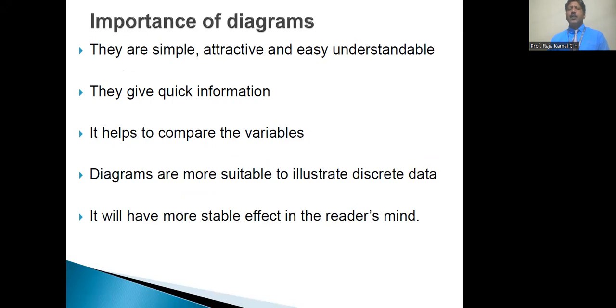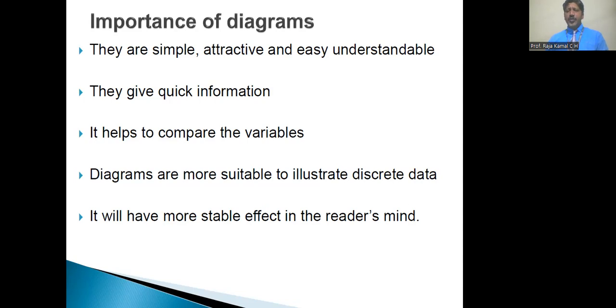After collecting the data and classifying the data, we go for presentation of data. We can present the data in the form of tables also, and in the form of diagrams also. Why is it important to present the data in the form of diagrams?